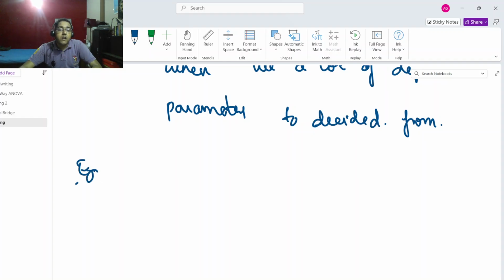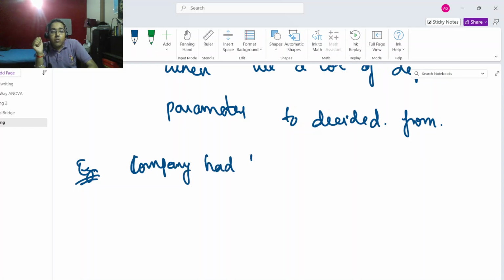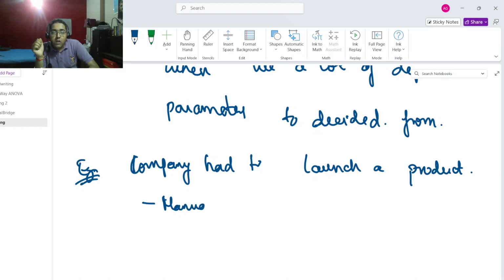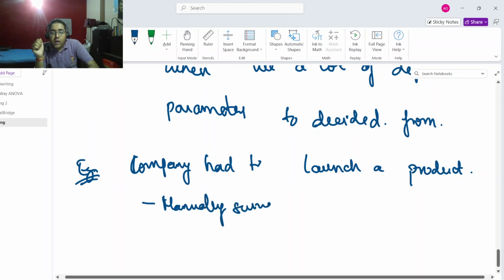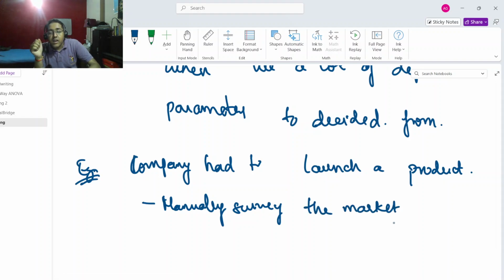Let's say, for example, in earlier times before data science techniques were utilized, if a company had to launch a product, the company had to manually survey the market that didn't have any pre-existing data available.